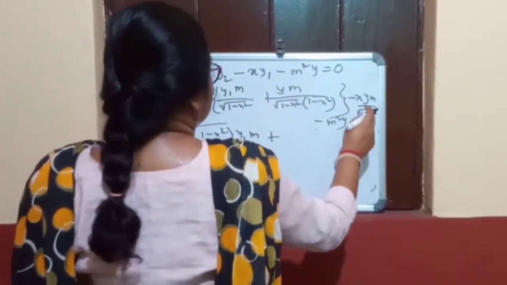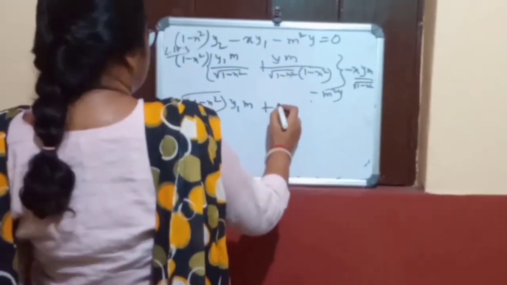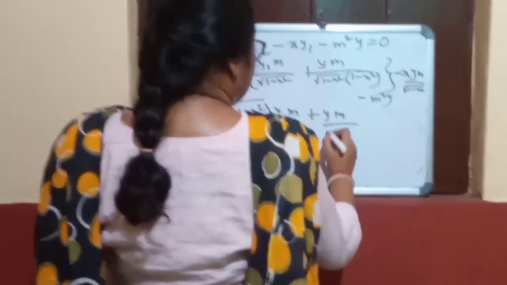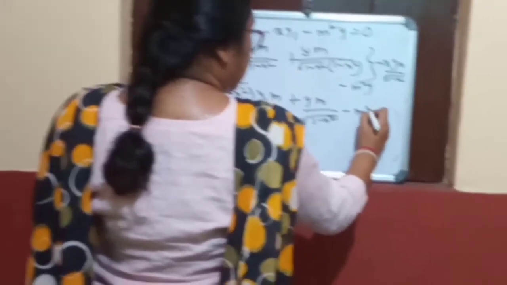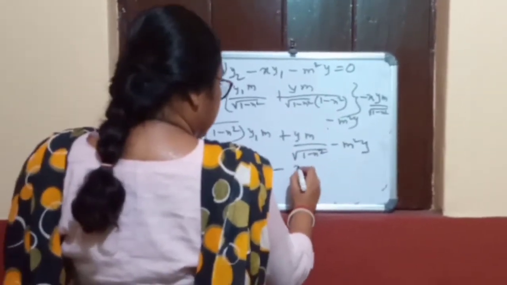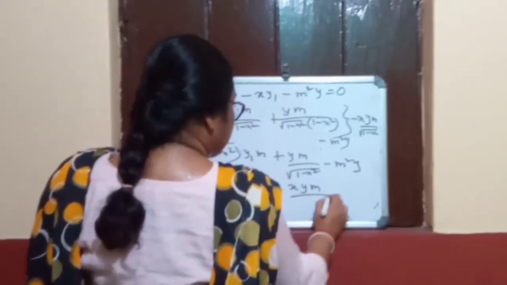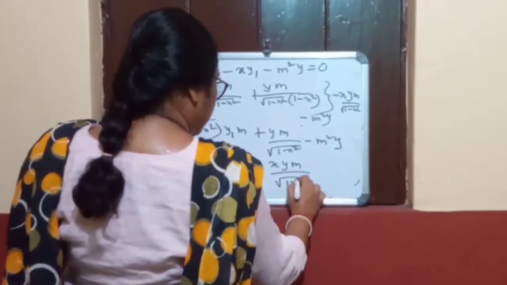And now y into m root over 1 minus x square minus m square y and minus x into y into m into root over 1 minus x square.